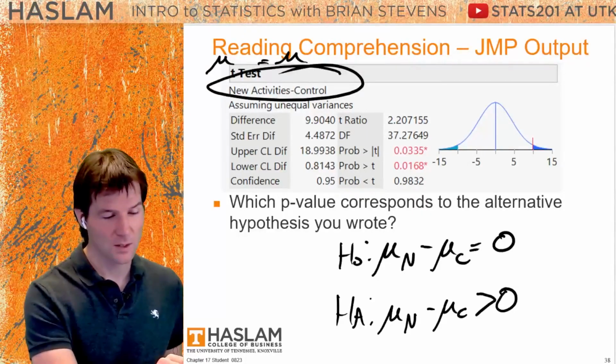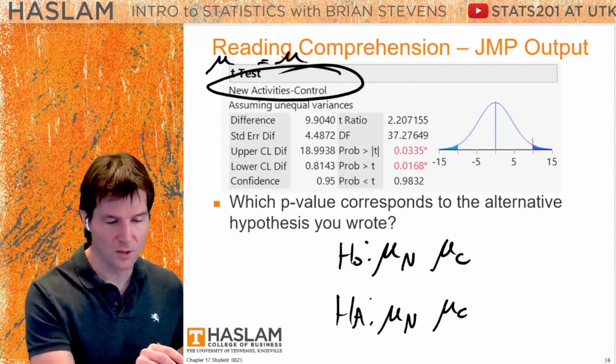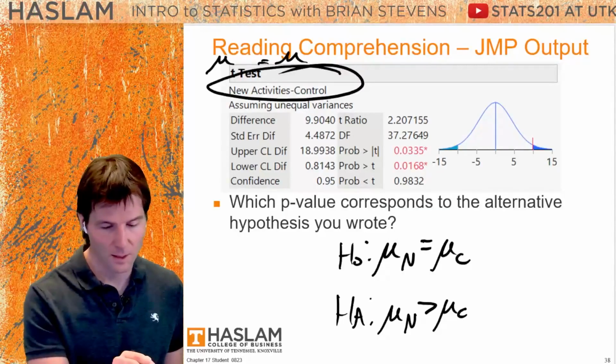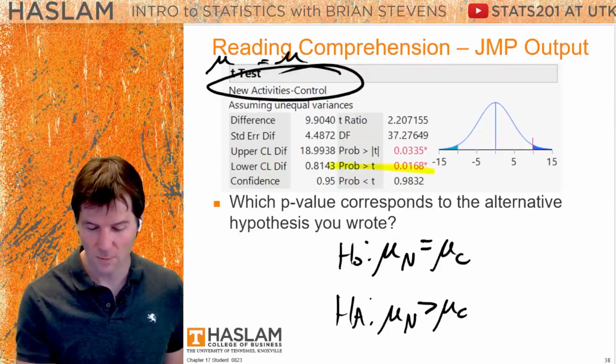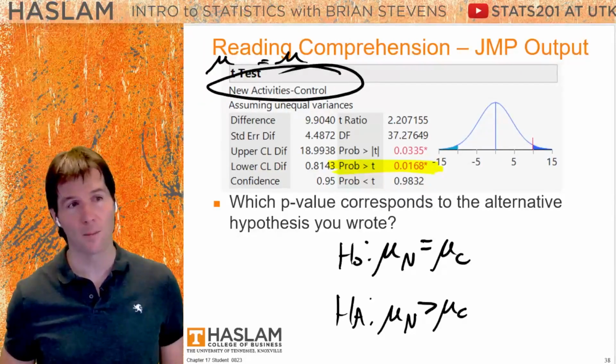Another way to write this, you venture out a little bit, is to put the equal sign between them, to say that they're equal, put the greater than there. Quickly, we could look at the p-value here for the greater than alternative and see the result from the JMP output.